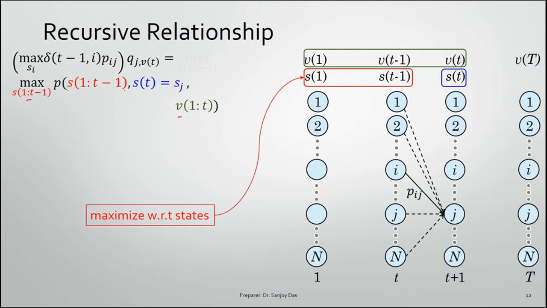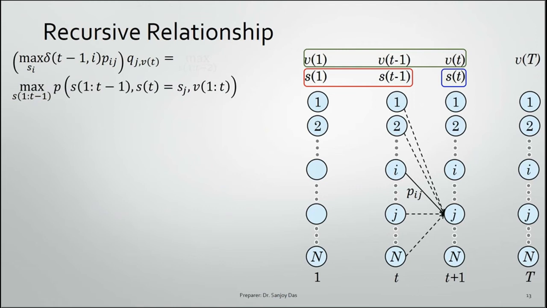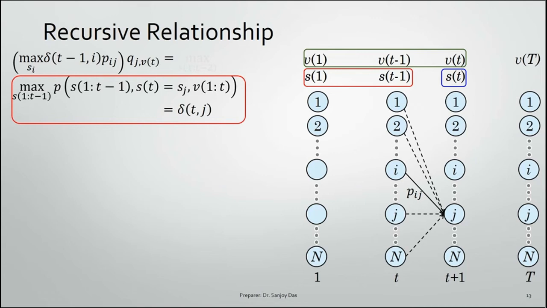This is the definition of delta t(j). So this is what we have, and that's delta t(j). And this is the recursive relationship that we will need.